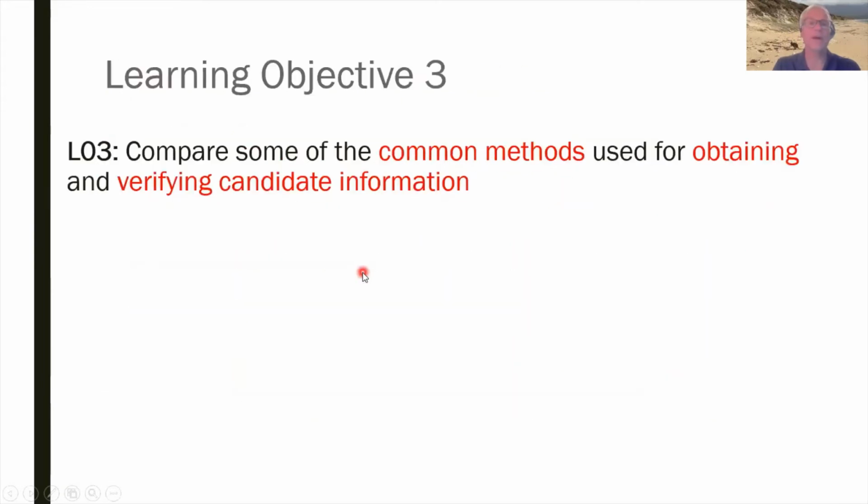Okay, cycle back then to learning objective 3. What do we want you to know from that? To recap, first of all, the two common methods of getting information for jobs are the resume and application form. Know the pluses and minuses of each. Sometimes a portfolio is used.